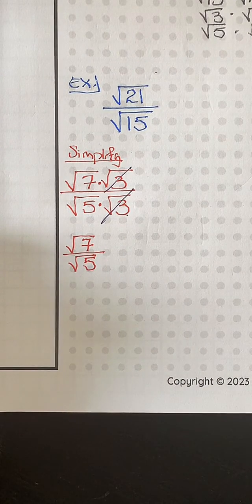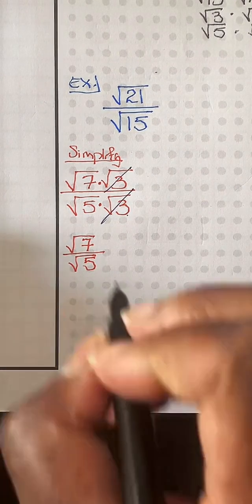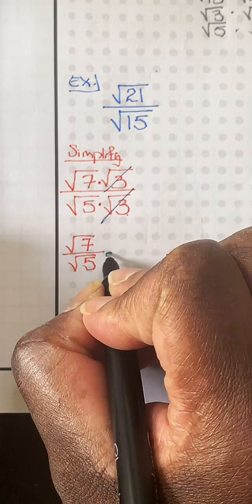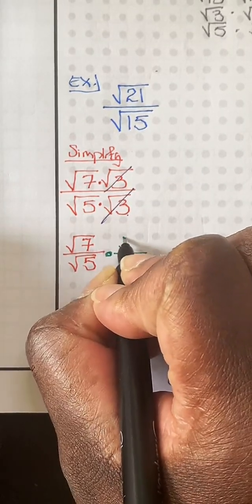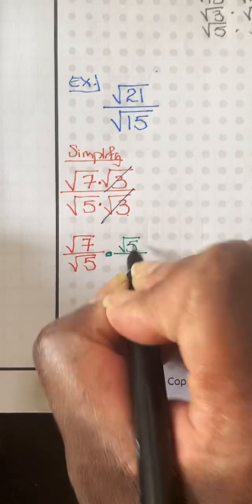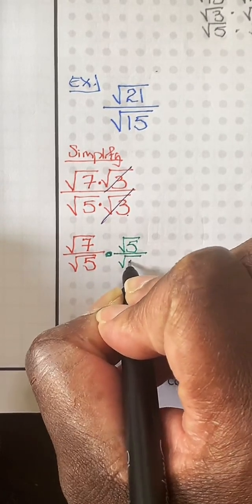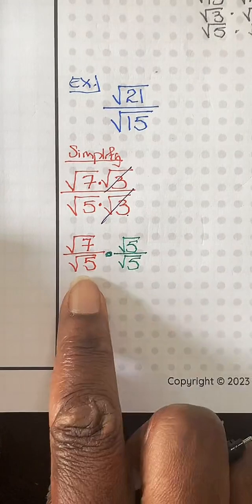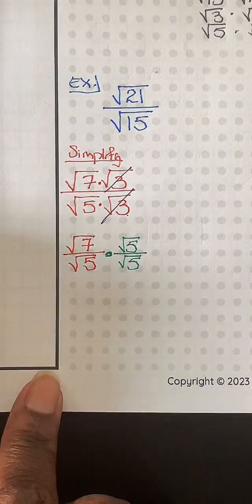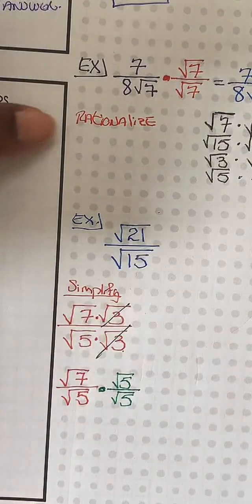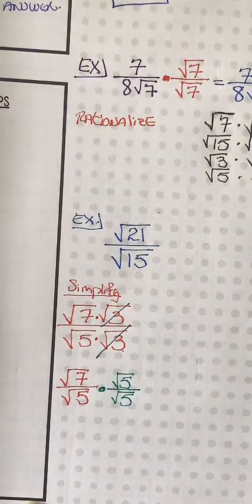But what we are going to do is multiply the numerator and the denominator by that square root of 5. The reason why we're doing it is so we can get rid of the radical in the denominator. We rationalize the denominator.